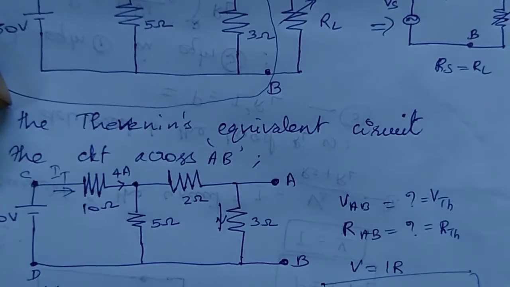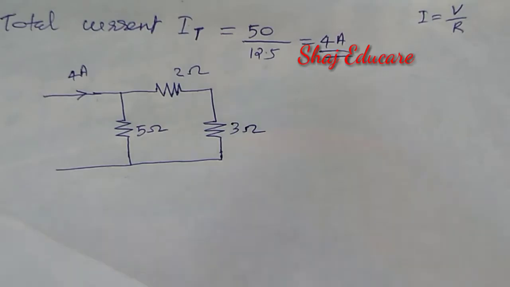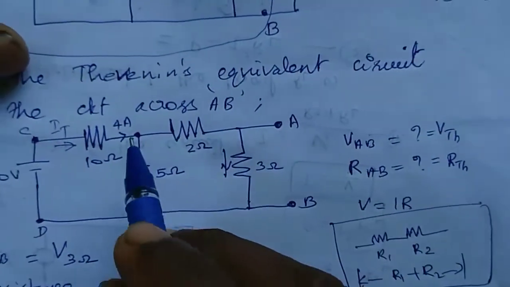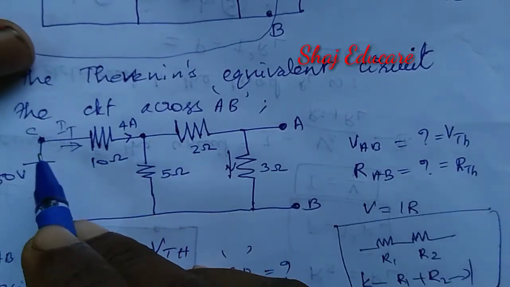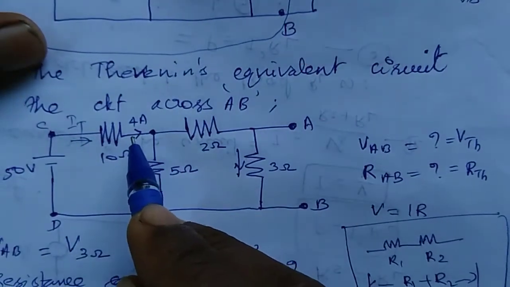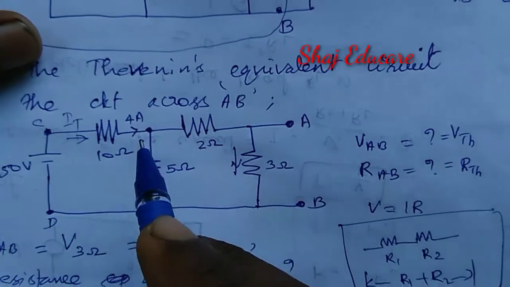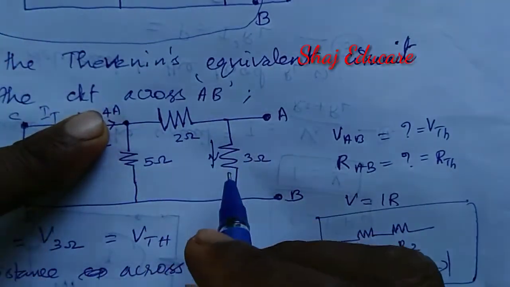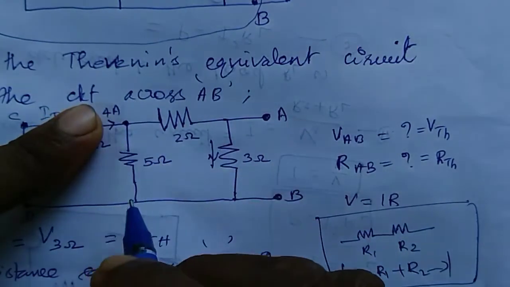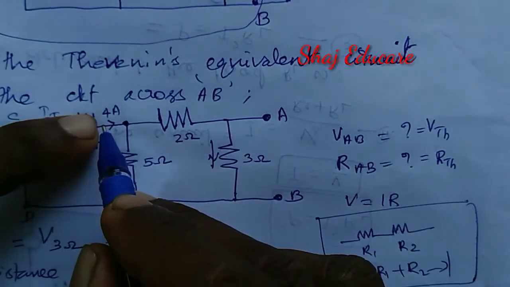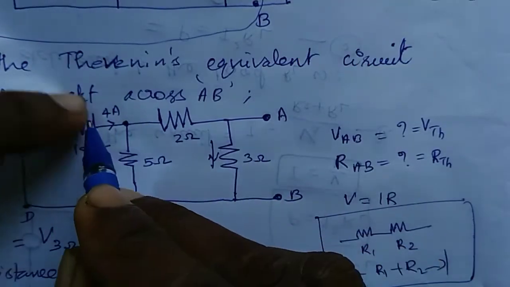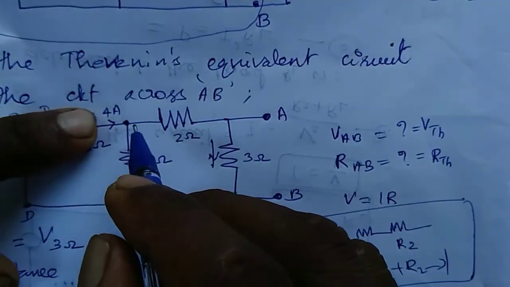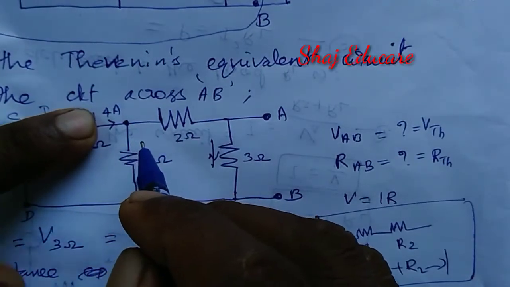Now let us find the current flowing through this 3 ohm resistance. The total current supplied by the voltage source we obtained is equal to 4 ampere. So to find the current flowing through the 3 ohm resistance, let us apply the current division rule. For that purpose, I am going to redraw the circuit excluding this voltage source and current source. That will make you understand the concept more simply.